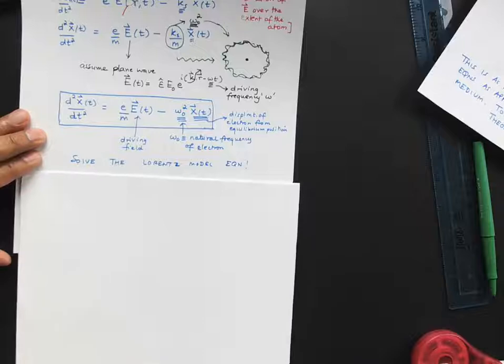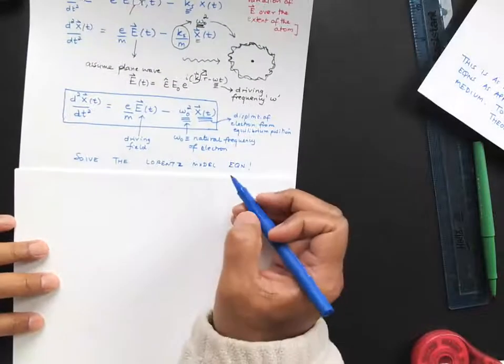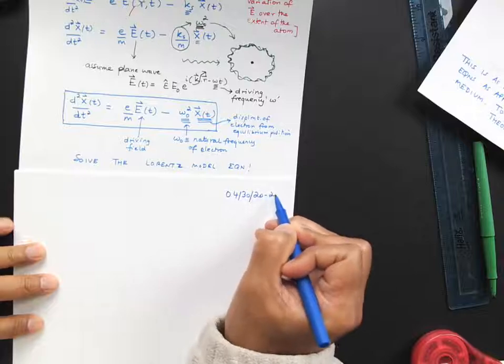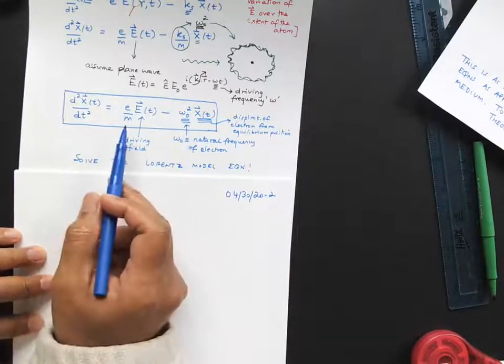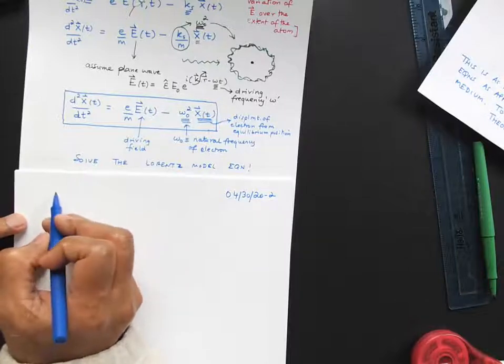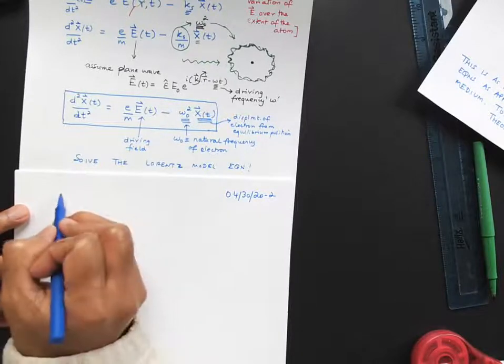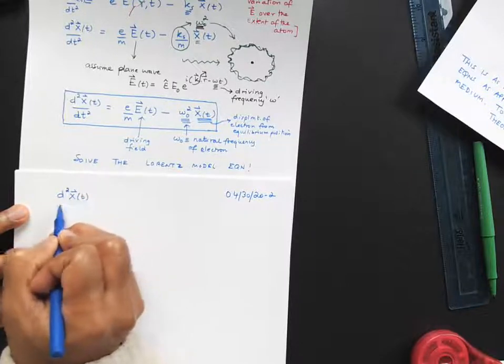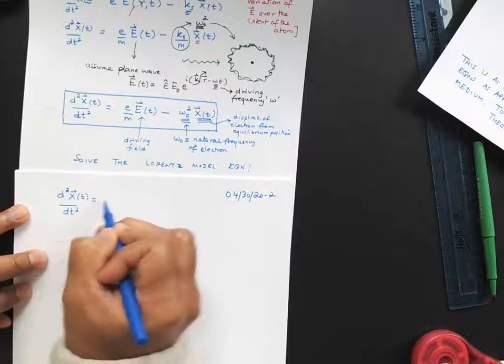So the roadmap for us is, we have to solve this equation, right? And so let me just write it out once more, just so that it's on this page.